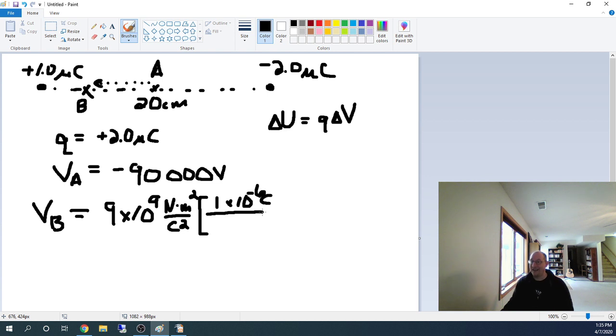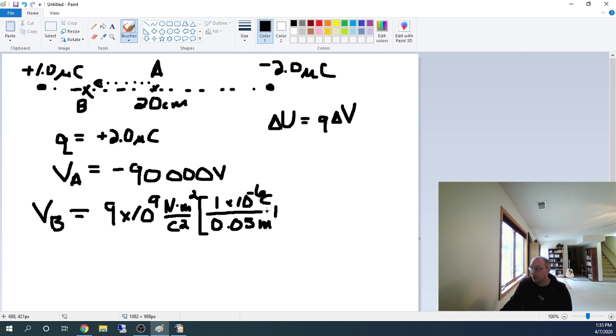And now we have to divide again by how far away point B is from that charge. Well, now it says in the problem it's 5 centimeters away from the positive charge. So it's pretty close. So 0.05 meters away. All right, so there's that one. All right, so that's the voltage due to that one.